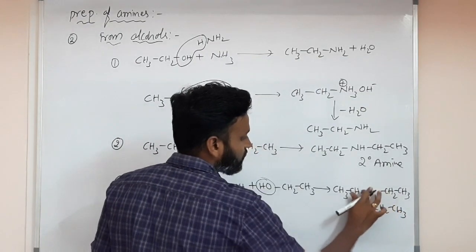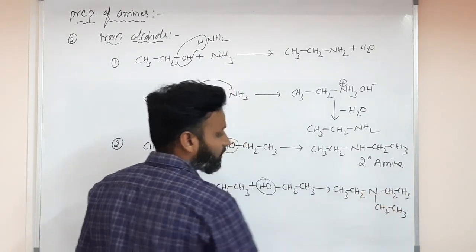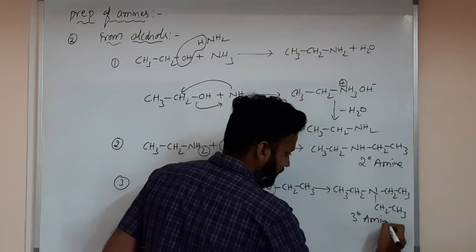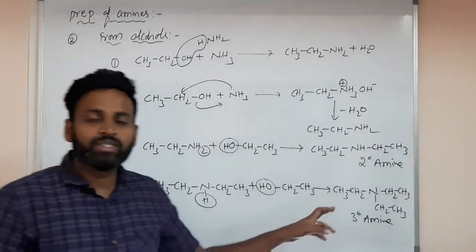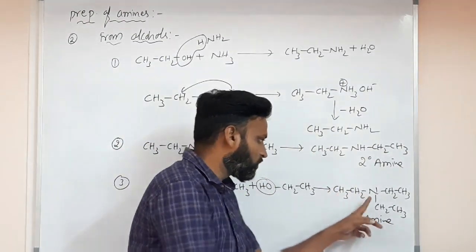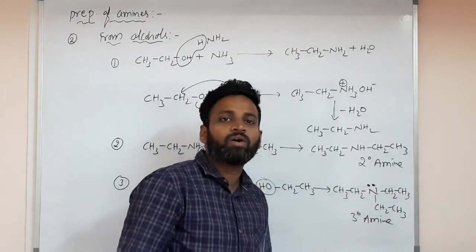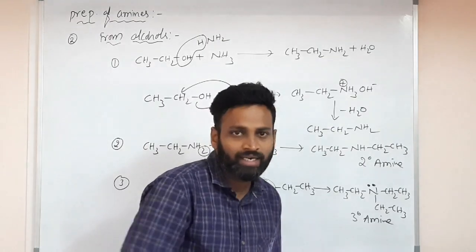Oh, no hydrogen here, sorry. Here you have only nitrogen. What amine is this? Tertiary amine. So this tertiary amine has a lone pair, so by using the lone pair, another alcohol can react. That you can write now.